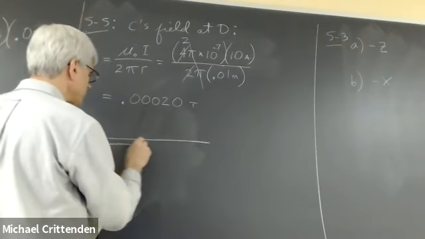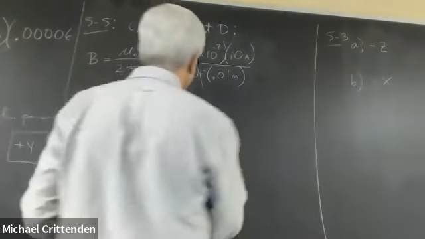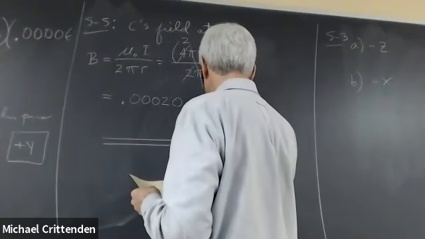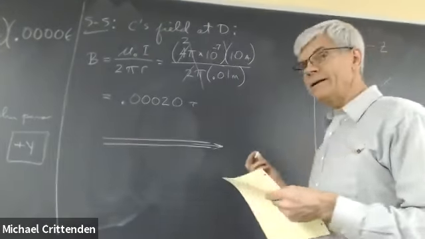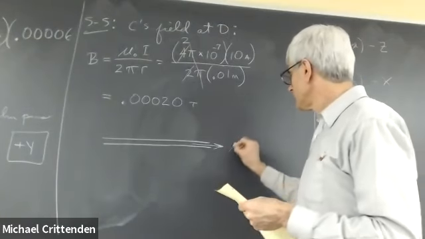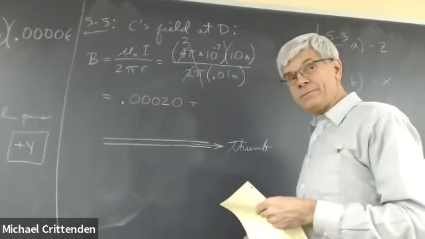draw some pictures. There's the wire. And wire C has a current in it, flows toward the right. That's your thumb.